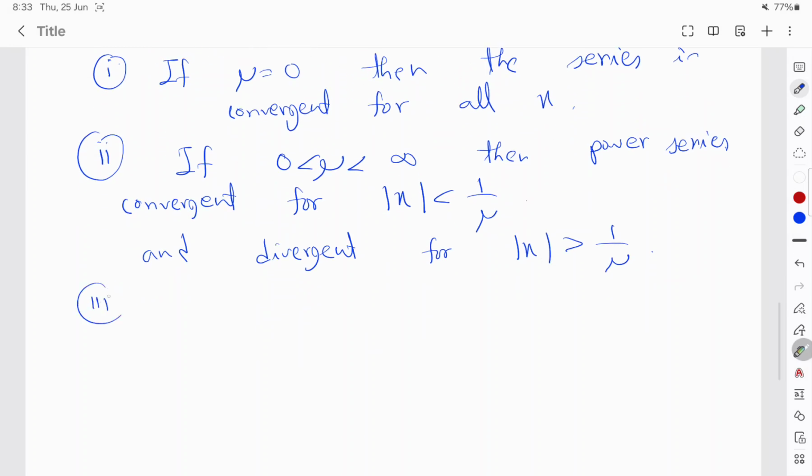Third, if mu equal to infinity, then it is nowhere convergent.